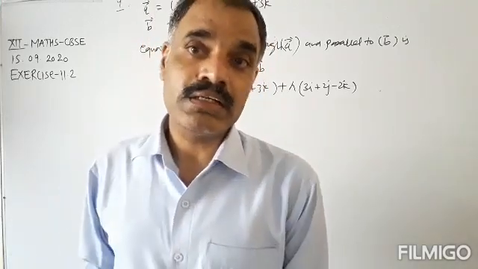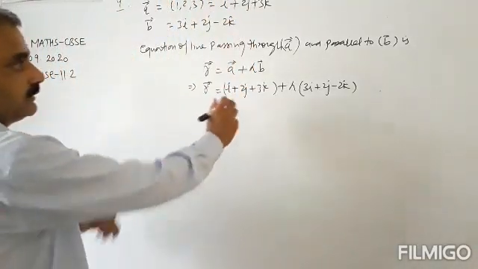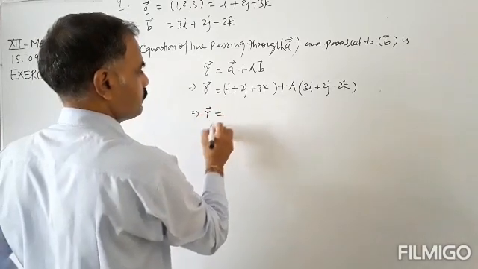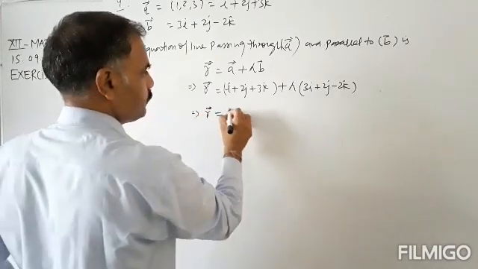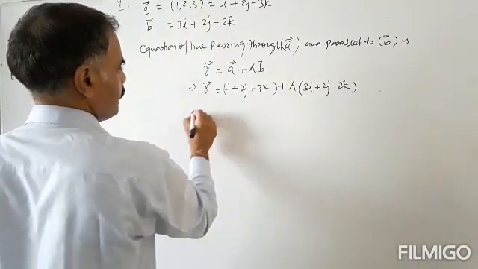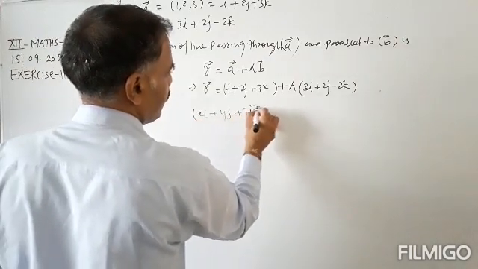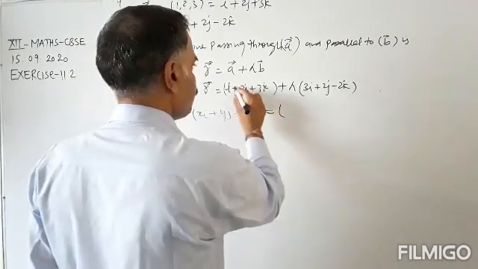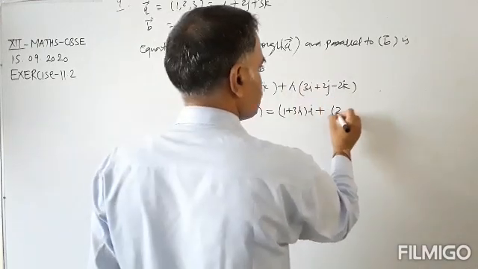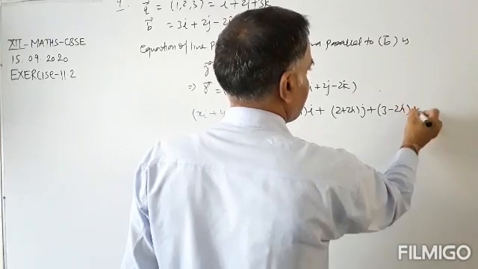Now we can convert this equation into Cartesian form. Substituting r vector equals xi cap plus yj cap plus zk cap, which equals (1 plus 3 lambda) i cap plus (2 plus 2 lambda) j cap plus (3 minus 2 lambda) k cap.